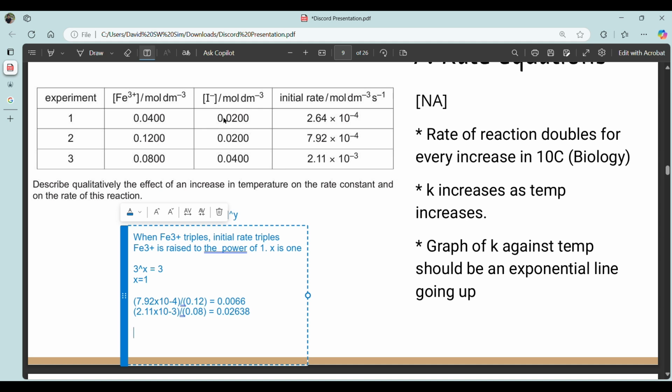What we can see here is that for iodide, the concentration doubles. So what happens to the rate of reaction? Let's try to divide this by this and see what happens.